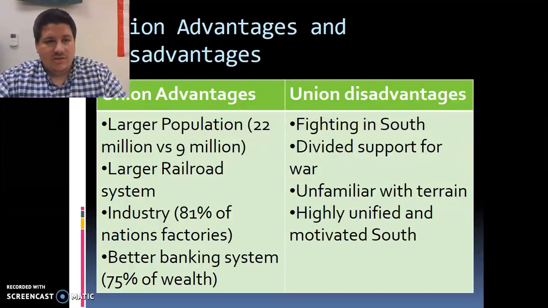So there was divided support. Not everybody in the North was necessarily pro-Union. Not everyone in the North was necessarily pro-war for that matter. So that's going to be an issue in itself. But ultimately, the North is going to be much better off as this war carries along.